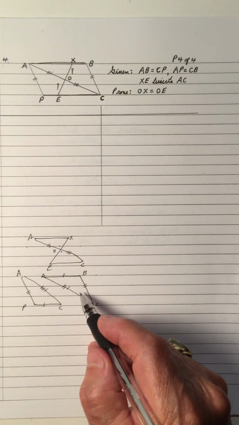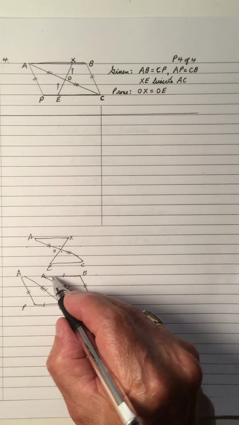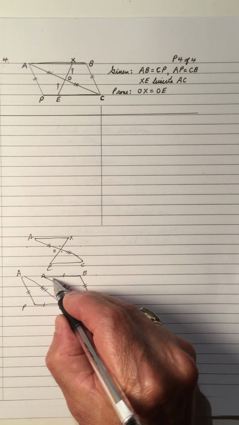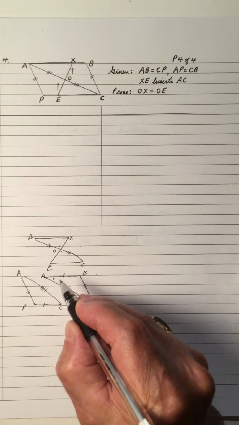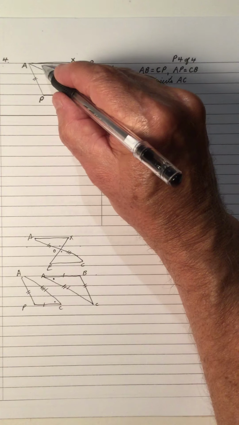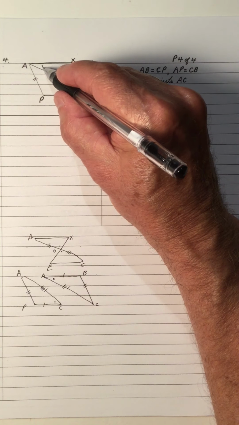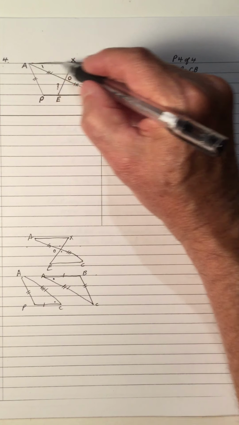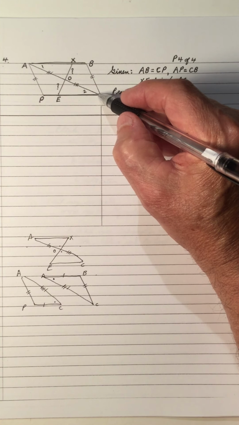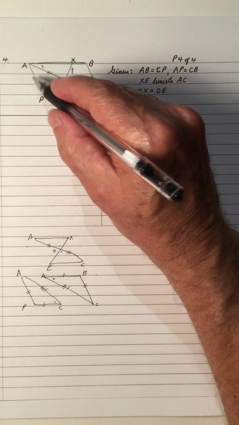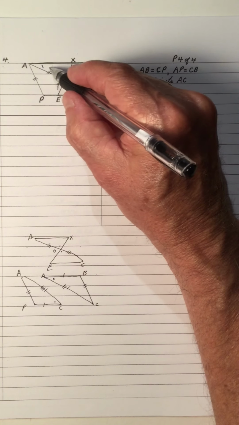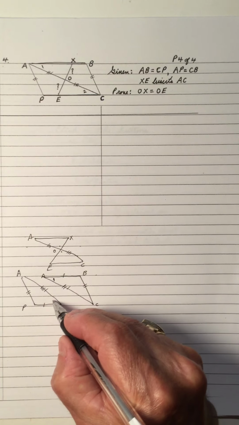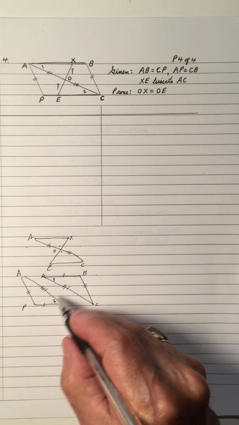And because these triangles are congruent, I can have this angle at A right here equals this one. So I can have these two angles equal. We'll name this one 1 and 2. Because ABC is congruent to CPA, these two big triangles are congruent here. So there's 1 and there's 2. These two angles are equal.